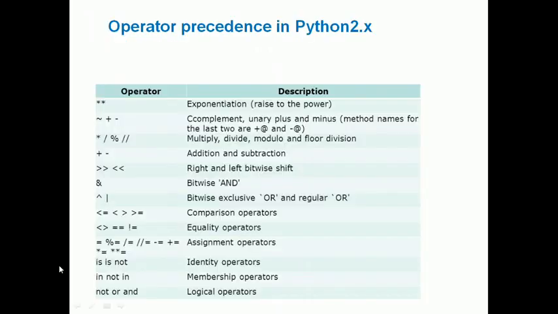Python supports many operators. In this table, I listed a few operators. There is star star, that is exponential, then tilde, plus, minus, star, division, that is multiplication, division, and the modulus operator. This gives you the remainder.